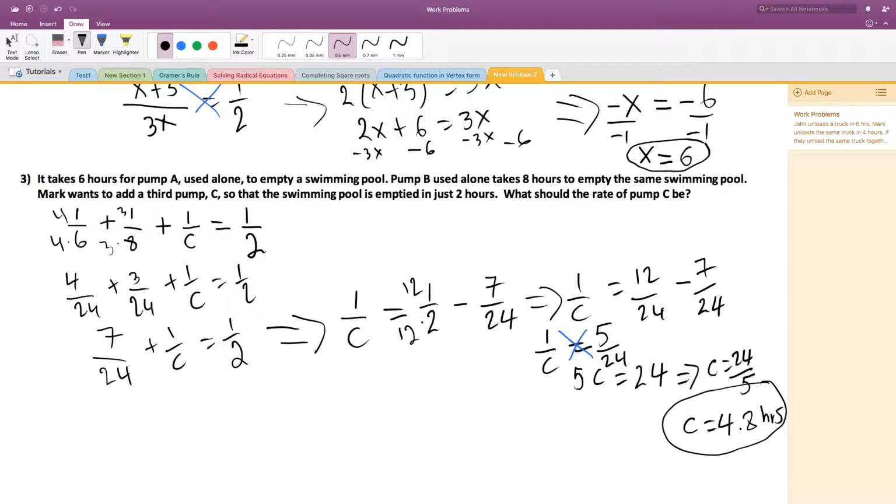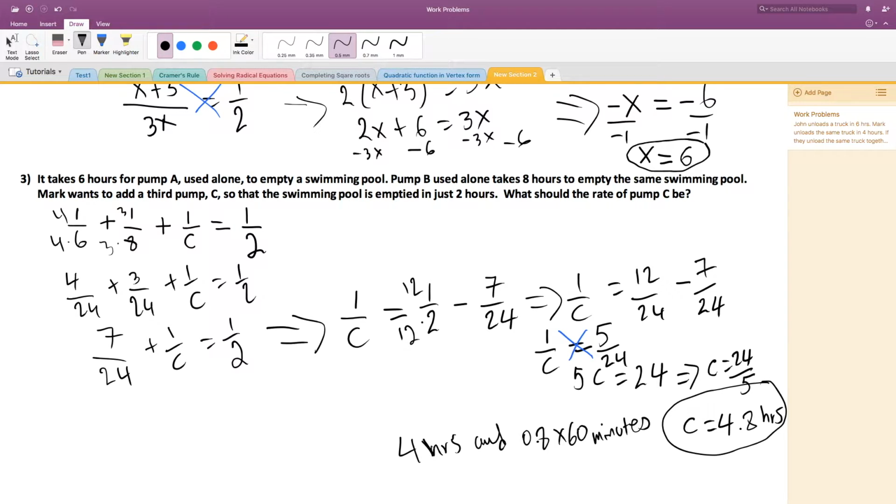So the third pump has to be able to empty the swimming pool in 4.8 hours by itself. Now, if you want to express this in terms of hours and minutes, this is what you need to do. So it's going to be 4 hours and 0.8 times 60 minutes.